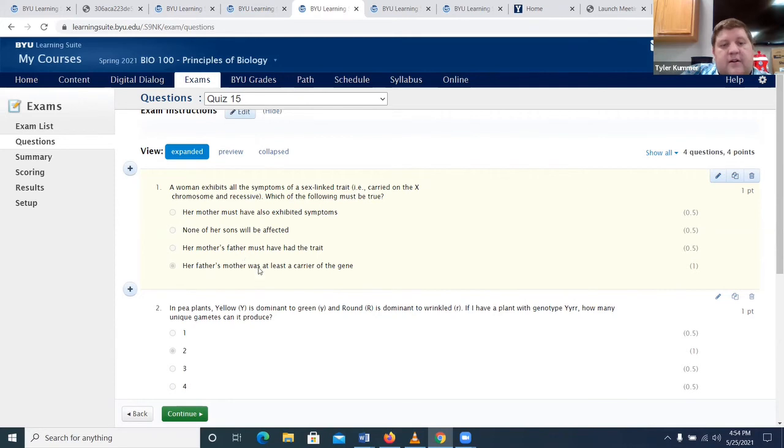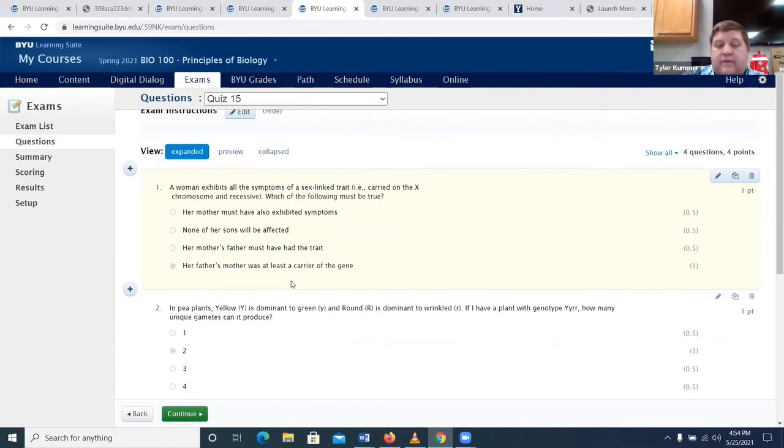Her mother's father must have had the trait. Doesn't have to be true. Her mother certainly had to be a carrier, but her mother could have got it from her mother, right? So it doesn't have to be the case. Her mother's father was at least a carrier of the gene. Okay, so this woman has two X chromosomes with this recessive allele. She had to have gotten that from her father.